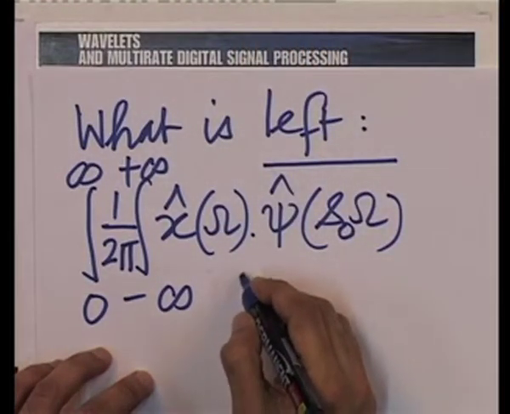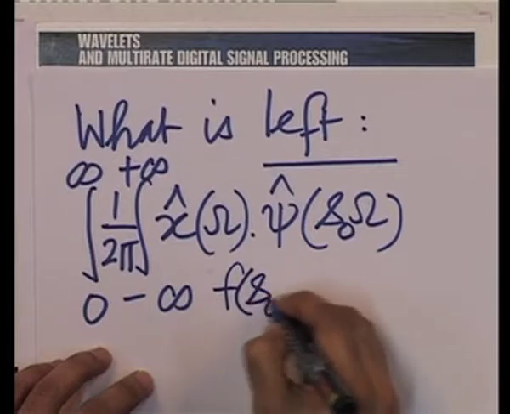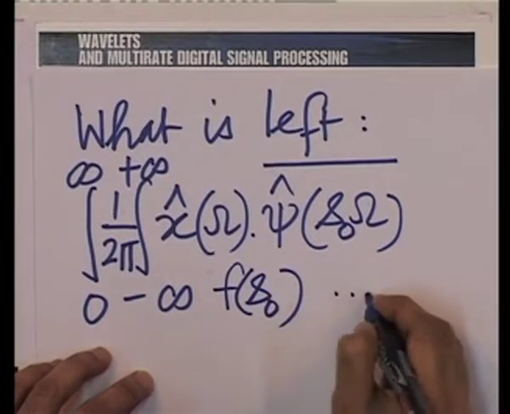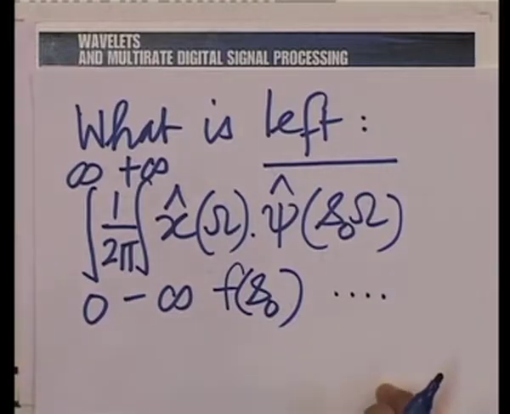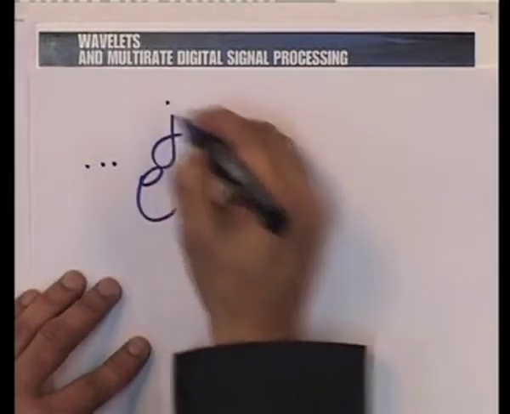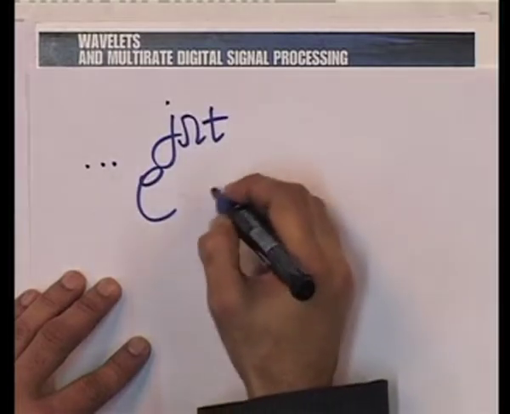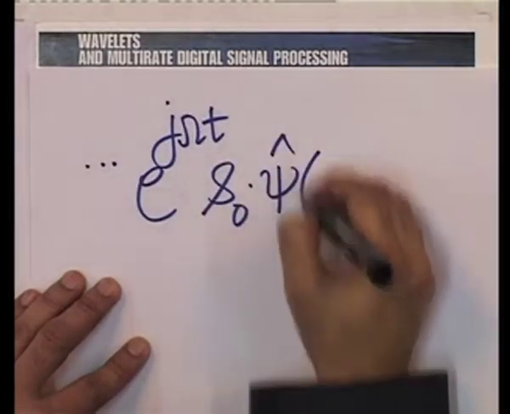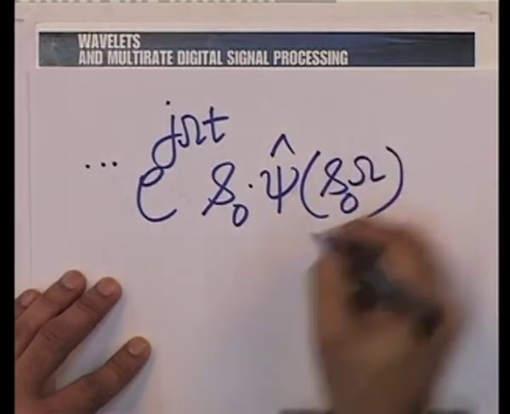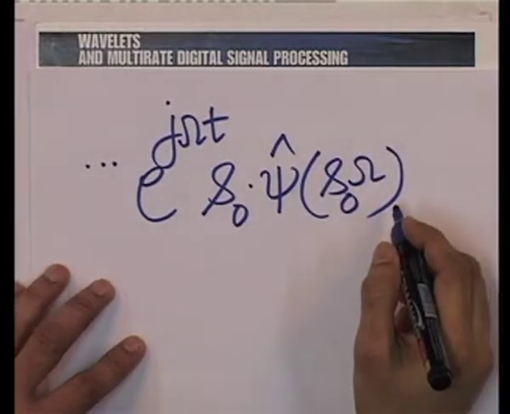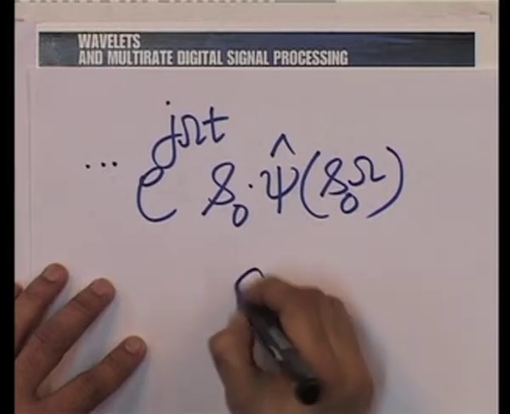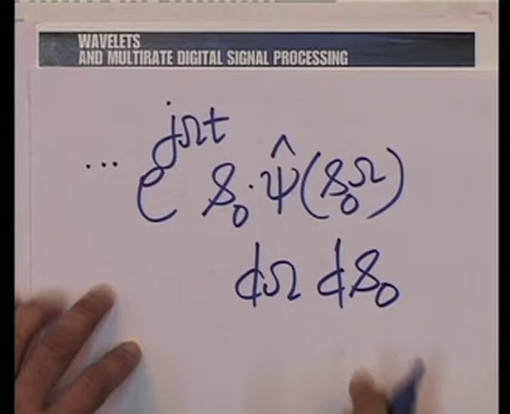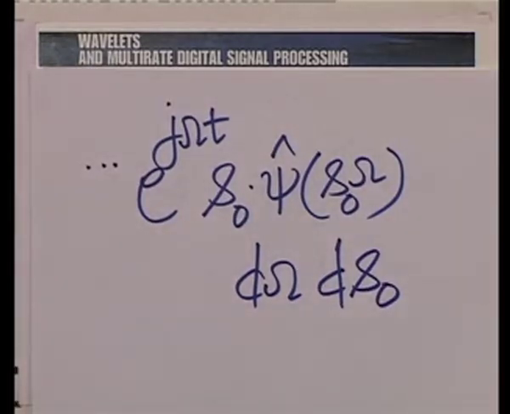You have an f of S naught and then you have this part. So, I will continue that. This is what is left.